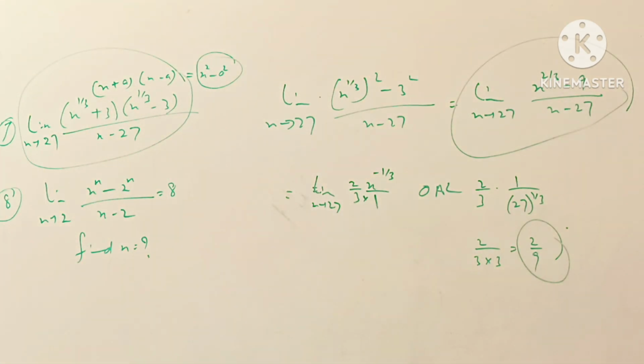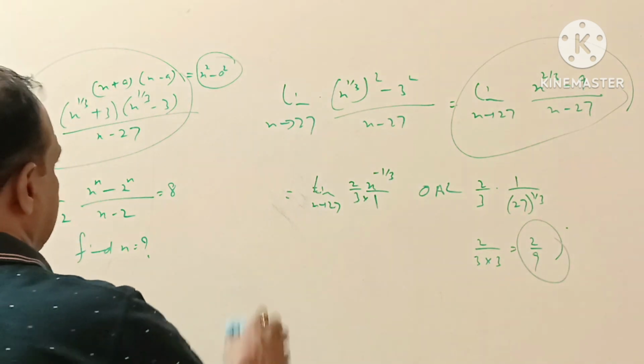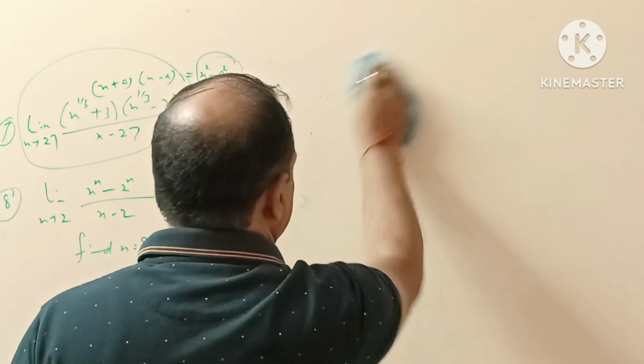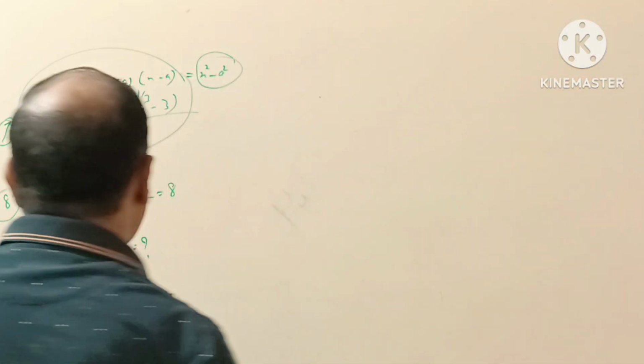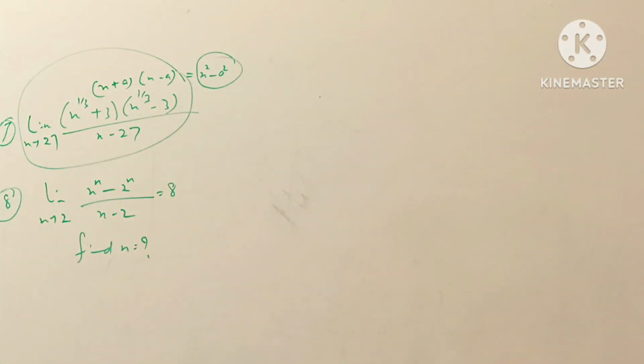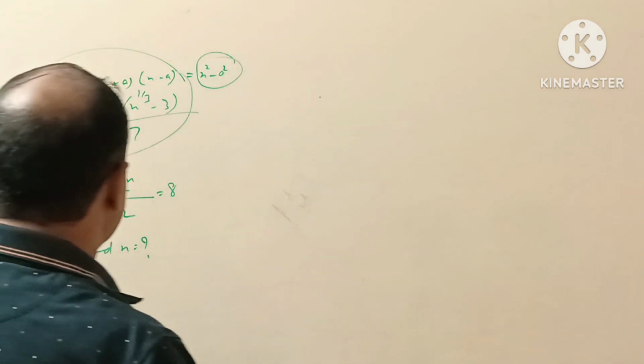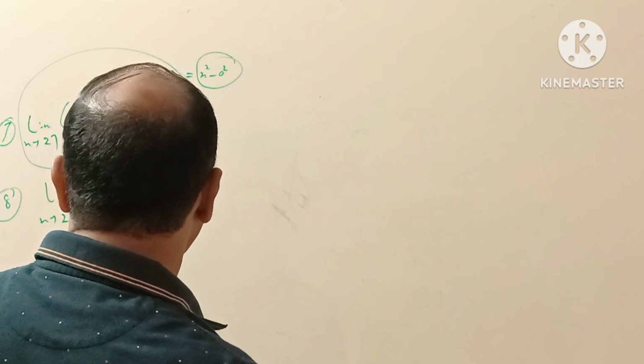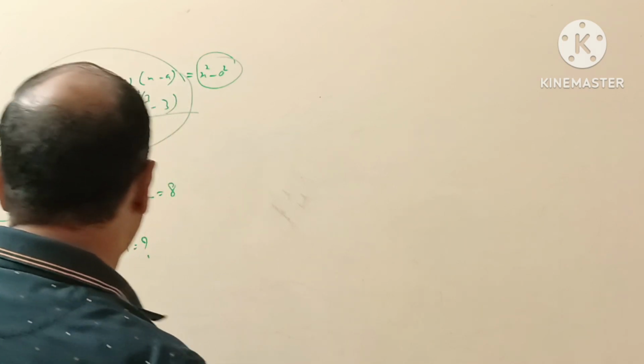Okay. Now in the same way, I have to do another question. This is the 8th question. In this question, it is x power n minus 2 power n over x minus 2. There is a formula for this.